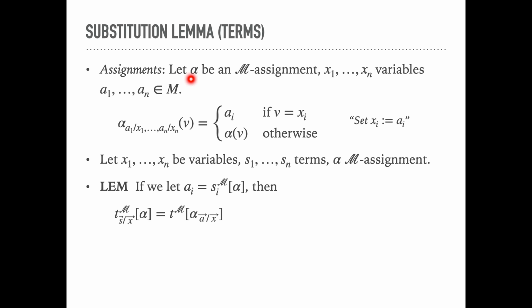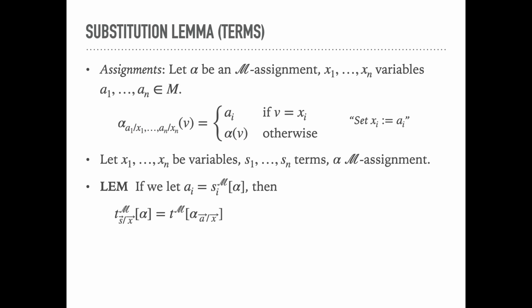Let alpha be an M-assignment, and assume we have variables x_i, and we have values in our domain a_1 up to a_n. So we can define a new assignment, alpha sub this long term here, which essentially just means whenever we have an x_i, we evaluate that to a_i, and otherwise we leave alpha untouched.